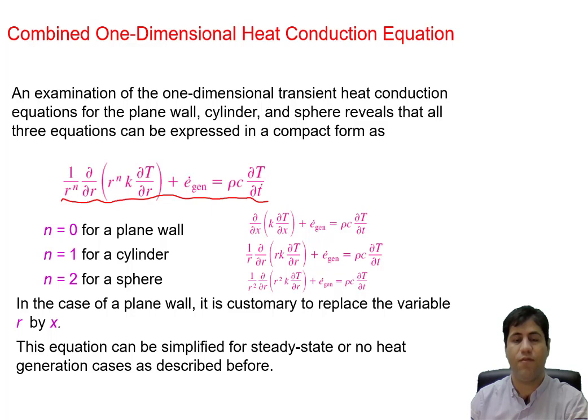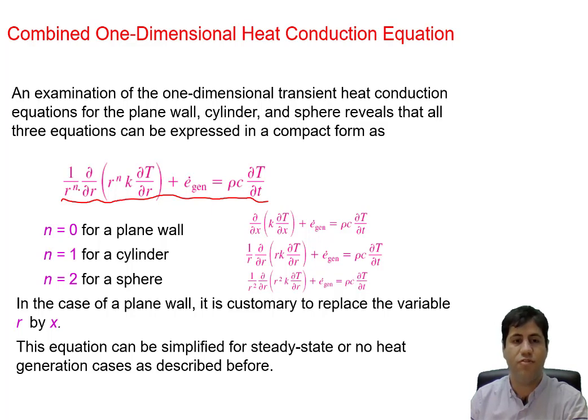This is a compact, general form of the equation for one-dimensional heat conduction in the three different coordinate systems. Simply, in this equation, we have n.